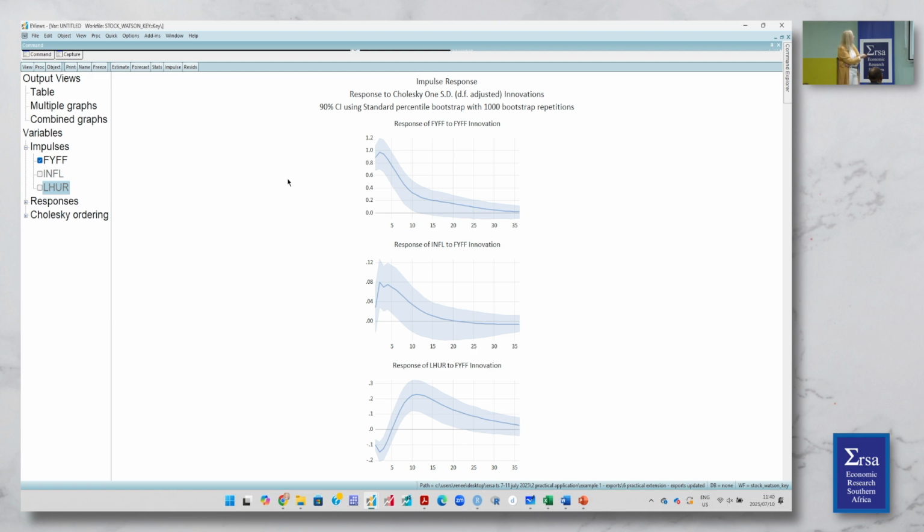So a one standard deviation innovation in the federal funds rate will bring inflation down, after a one-period price puzzle, and then it starts coming down, and that downward trend remains significant up to 7 quarters or so. Even though it continues further, it's at that point not statistically significant.